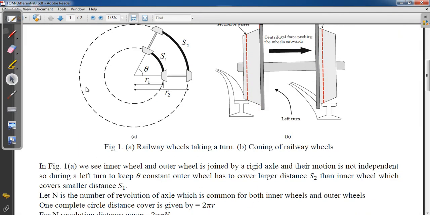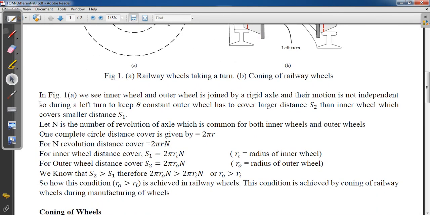Now we will see what is happening during turning. We have assumed that N1 is equal to N2, that is, outer wheel RPM equals inner wheel RPM, equal to N because it is rigidly fixed.